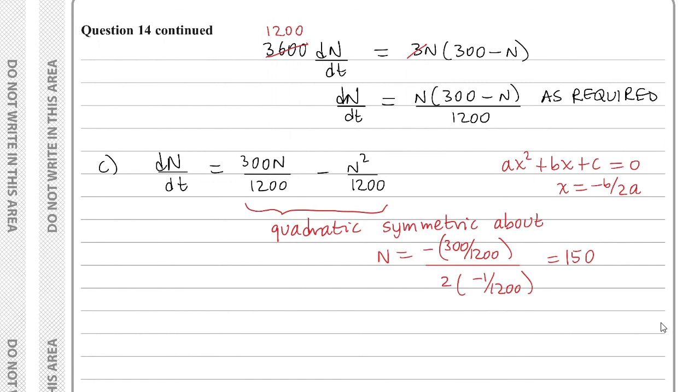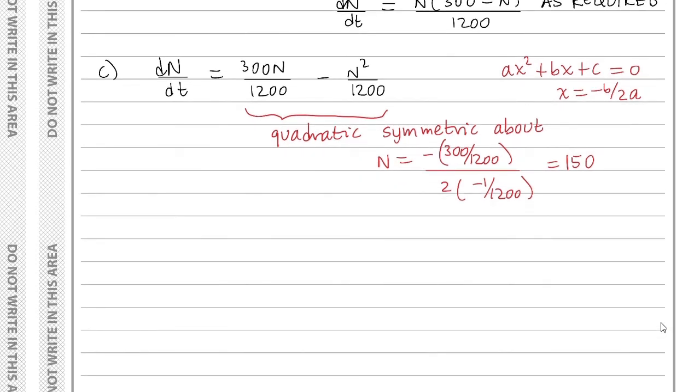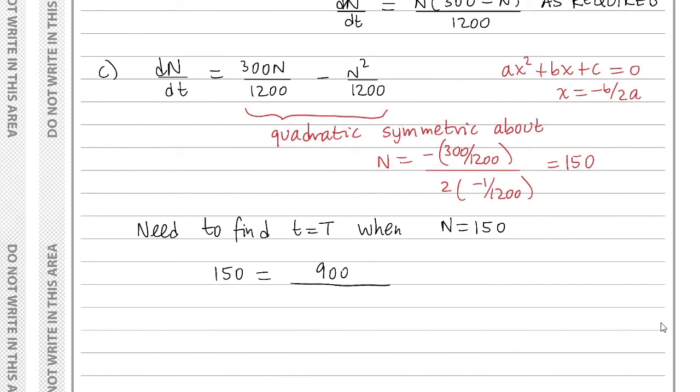The rate of growth is a maximum. So we need to find the value of t for which the rate of growth is a maximum. So we need to find t is capital T when n is 150. So we just say 150 is 900 over 3 plus 7e^(-0.25T).